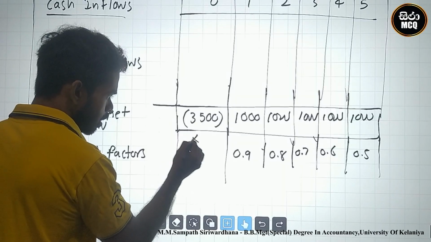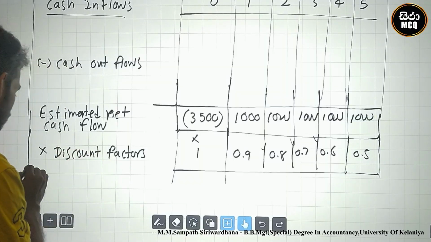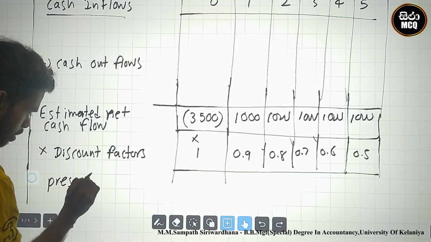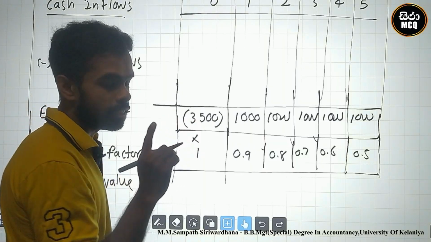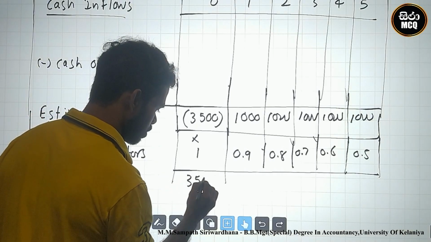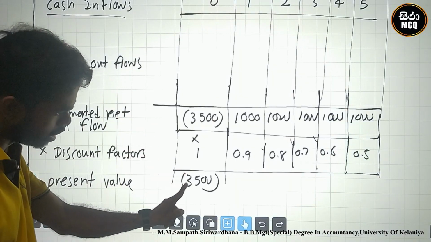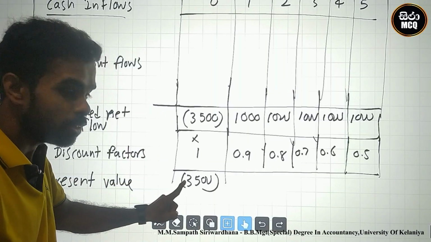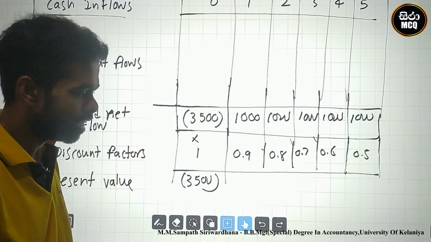After multiplying these amounts by the discount factors, we can find the present values. 3,500 is the initial investment. I multiply it by the discount factor of 1. The answer is 3,500. The present value of the initial investment is 3,500, and the initial investment is 3,500. This is an equal result.